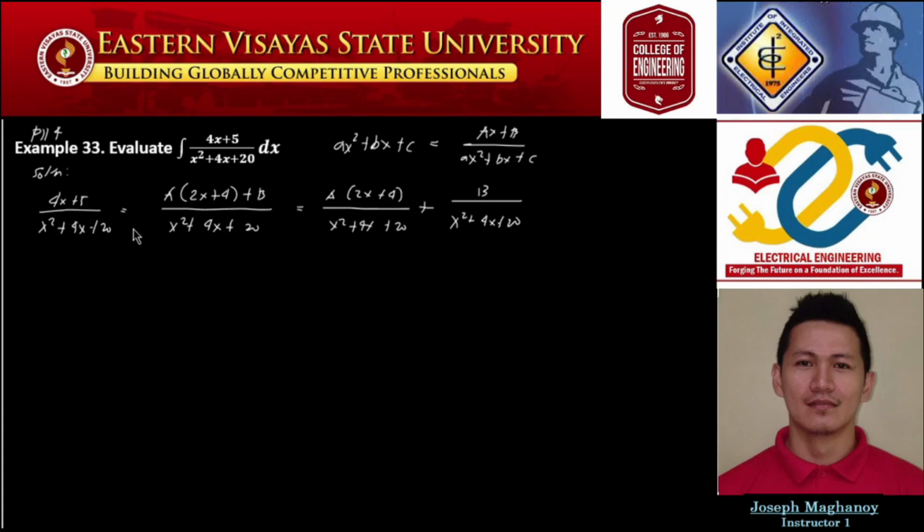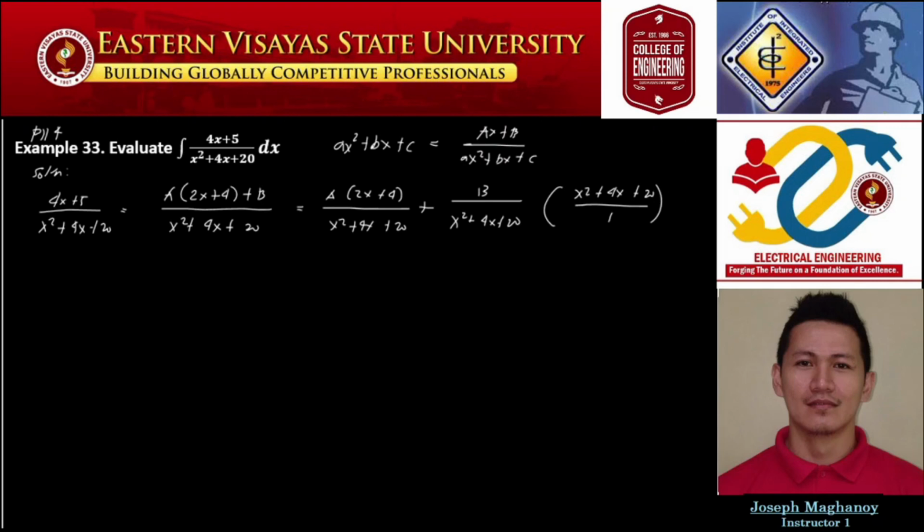Of course, we need to equate our equation by multiplying both sides by x squared plus 4x plus 20 all over 1.